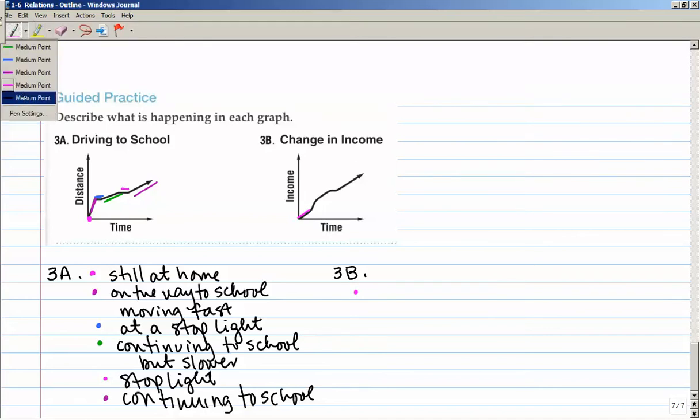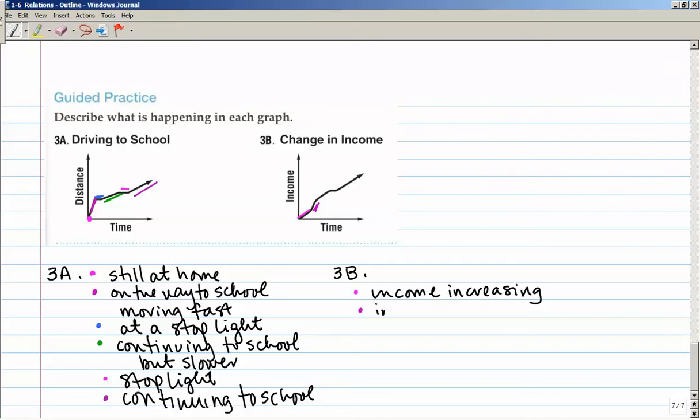So my income is increasing, which is good. And then in this next part, it's very subtle, but notice that this right here, it's a little steeper. So at that part, my income is increasing at a greater rate. In other words, I'm making more because it's a little steeper.